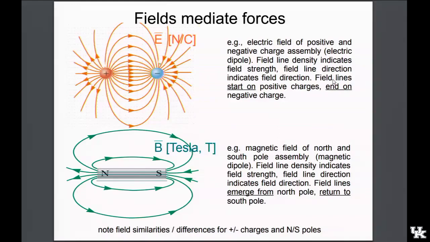Same ideas for the magnetic field. Where the field lines are packed closely together, that's a region of strong magnetic field. Where the field lines in green here are packed loosely together, that's a region of weaker magnetic field. If you look in the magnet itself, you see these field lines are closely packed.